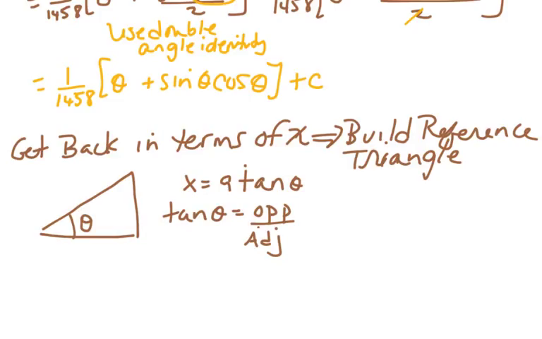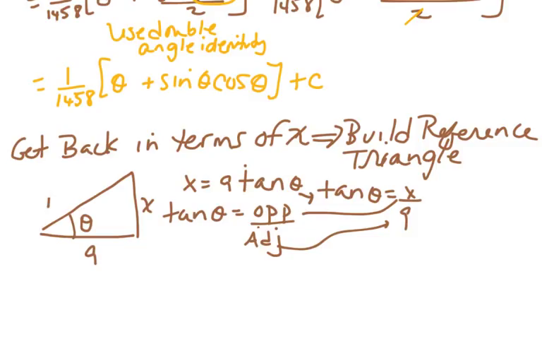So if this is theta, your opposite is x, right? Because tangent of theta is equal to x over 9. So the opposite is x, and the adjacent is 9.